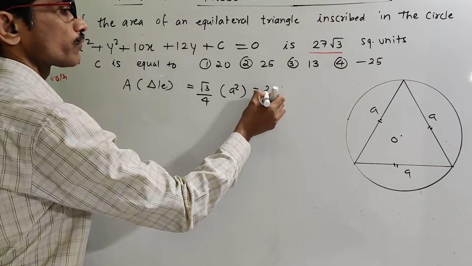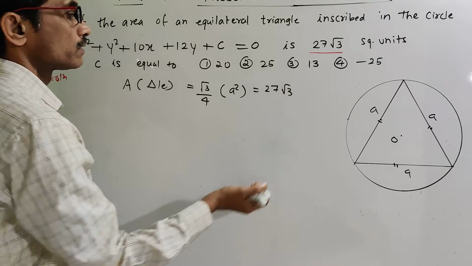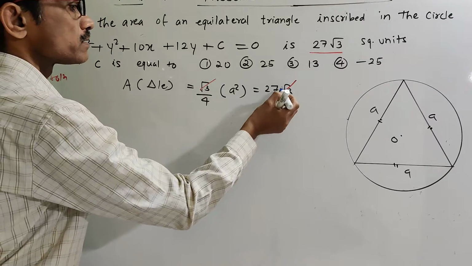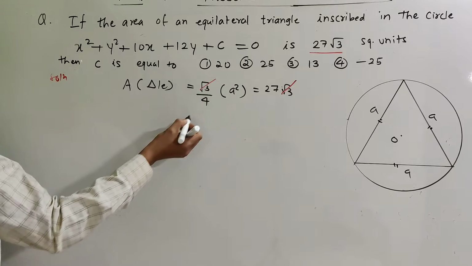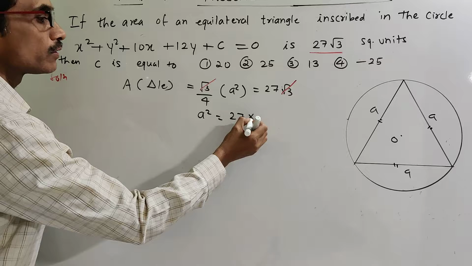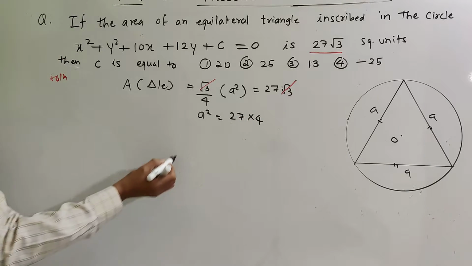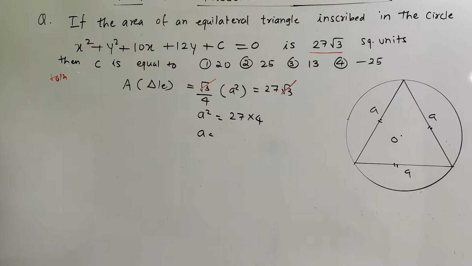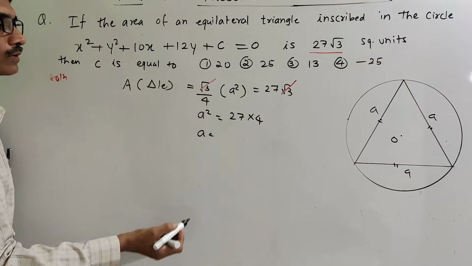So this root 3 is getting cancelled and we are getting a square equal to 27 into 4, so that side a is equal to the square root of this, that is 6 root 3.